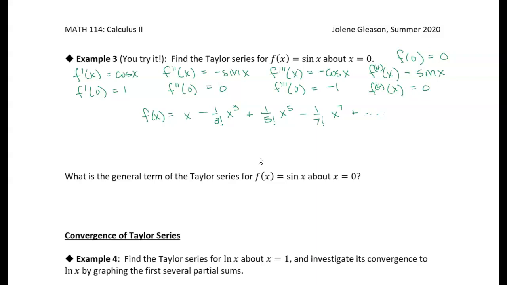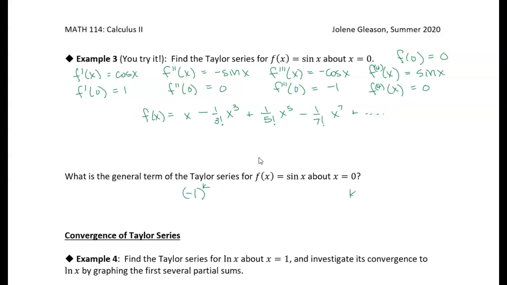Okay, so now writing the general term can sometimes be tricky. So I decided to just go through this with you again. So again, we have this alternating sign: positive, negative, positive, negative, positive, negative. I know that there's got to be a -1 to some power involved.